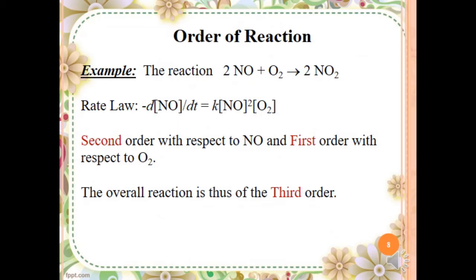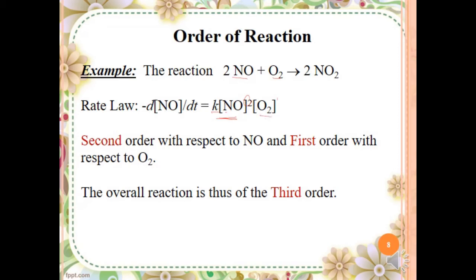This is another example, the reaction between nitrogen oxide and oxygen. So the rate law is rate = k [NO]^2 [O2]^1. So second order with respect to NO and first order with respect to O2.